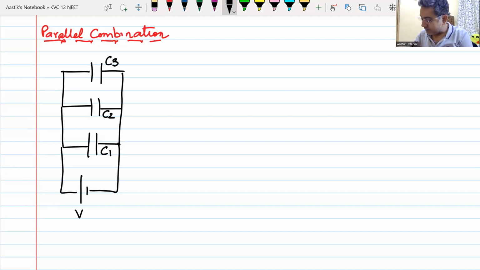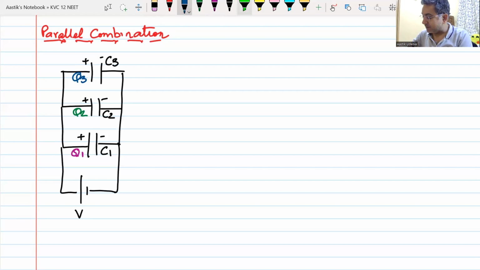Now what will happen here? All of these plates are connected to the positive terminal, so all of these plates will get positively charged and these plates will get negatively charged. Do we understand this, everyone? The charge will be different. So this will have Q1 charge, this will have Q2 charge, and this will have Q3 charge.